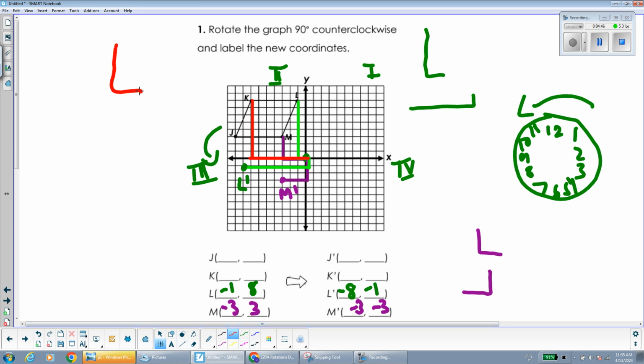It looks like a right side up L. And if we rotate it 90 degrees counterclockwise, it goes on its side.